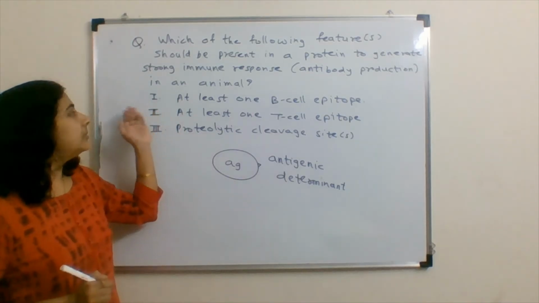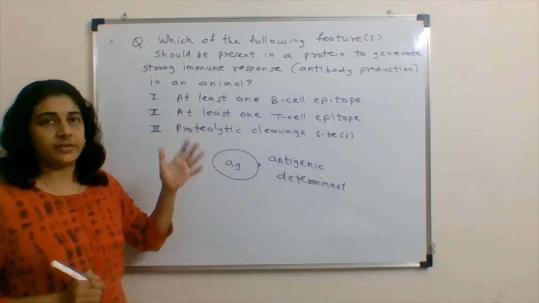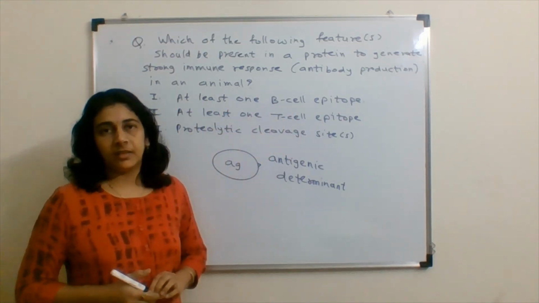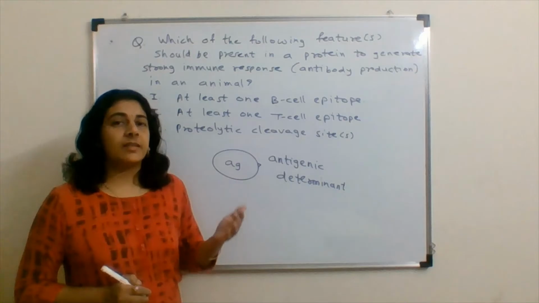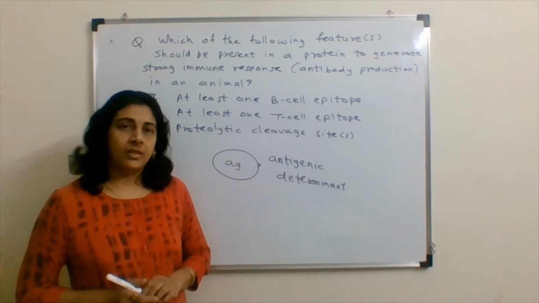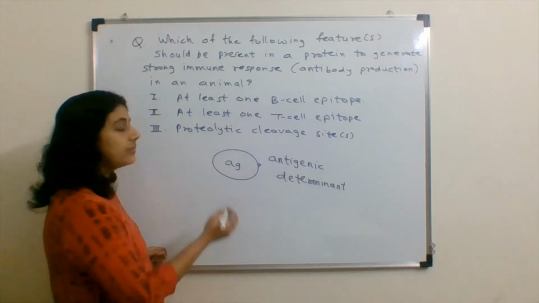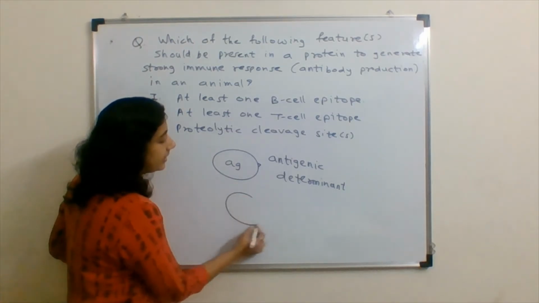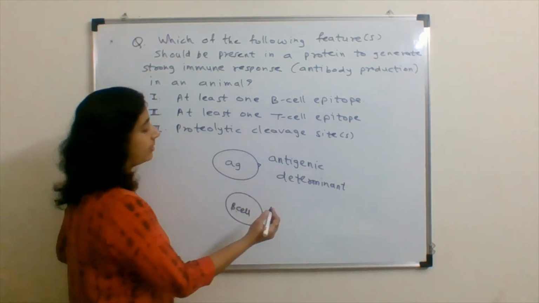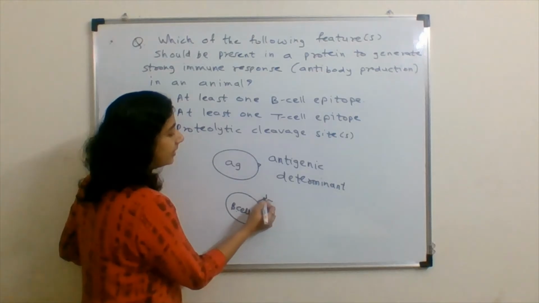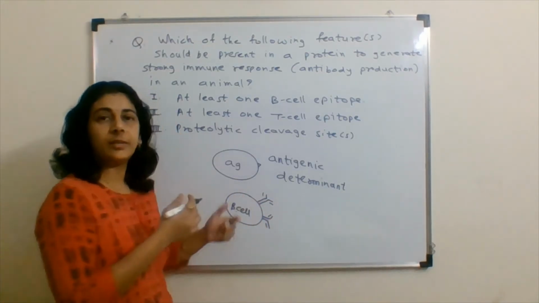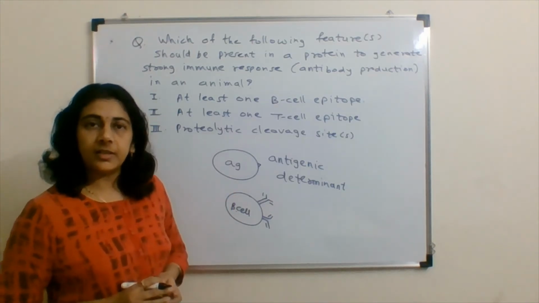Now the first thing they are asking, at least one B cell epitope must be there. B cell epitope means the epitope which is recognized by the B cells. So in case of B cell, what we know, there is a B cell and this B cell produces number of antibodies on it that are secreted according to the presence of antigen, right?